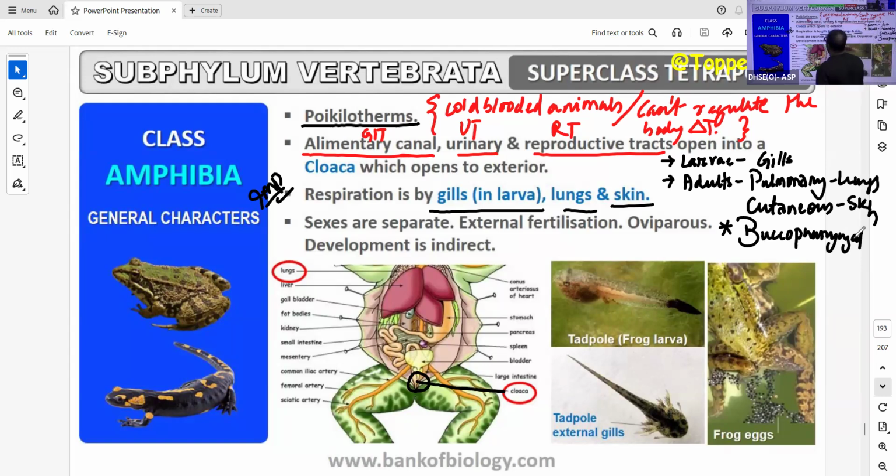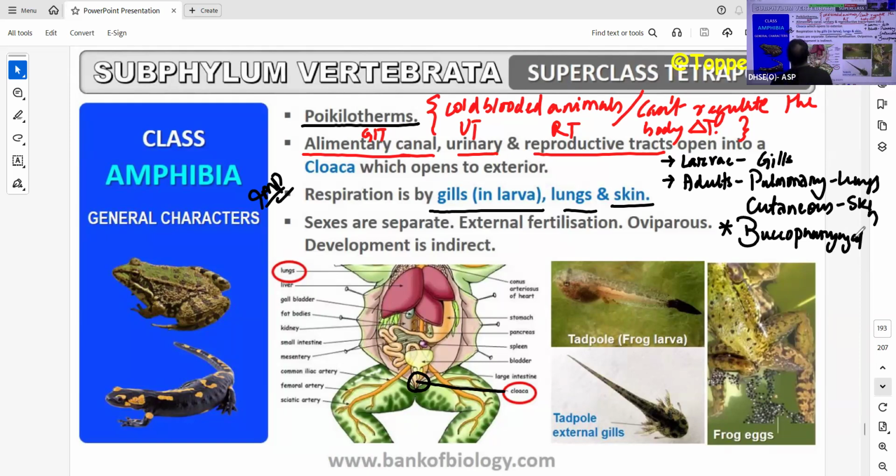Okay? So all these are various methods of exchange of gases in case of the amphibians.